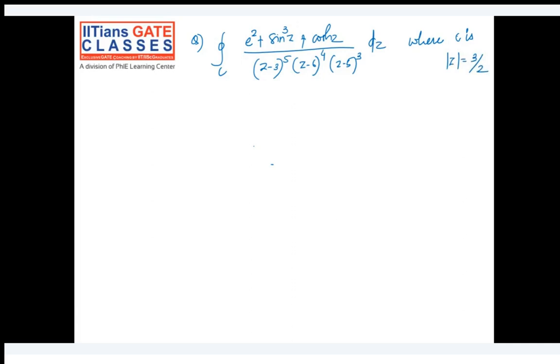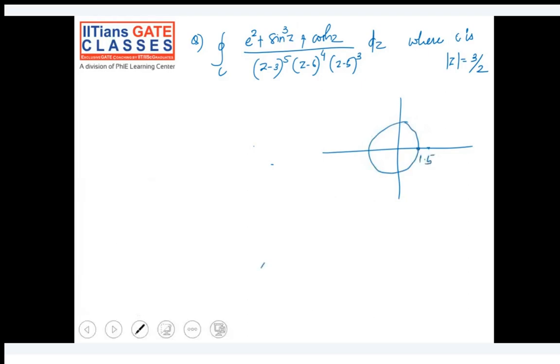So here, how will mod of z equal to 3 by 2 look? It's a circle with center at the origin and radius 3 by 2, which means 1.5. And what are the singularity points here?